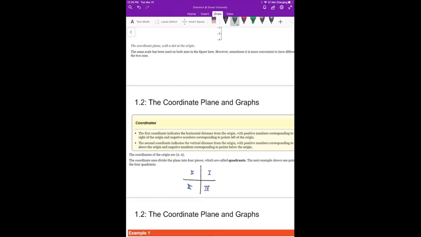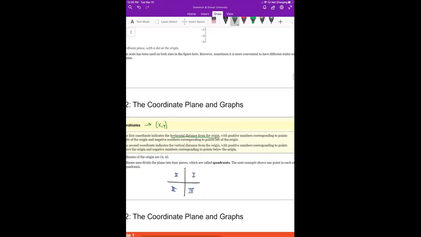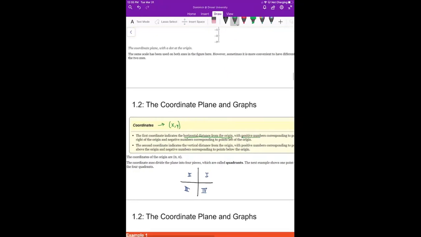Now again, how do we talk about different locations in the coordinate plane? The way we do that is we use coordinates, which look something like (x, y). Your first coordinate, like we said, indicates the horizontal distance from the origin. Positive numbers mean you move to the right of the origin, and negative numbers mean you move to the left of the origin.